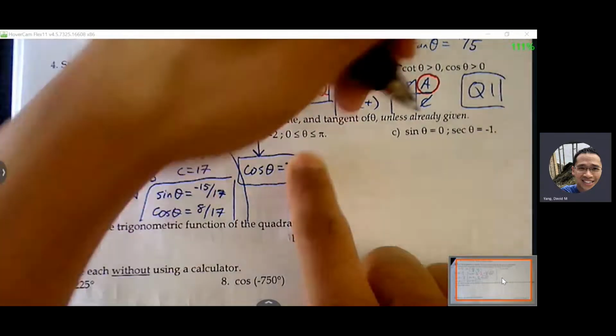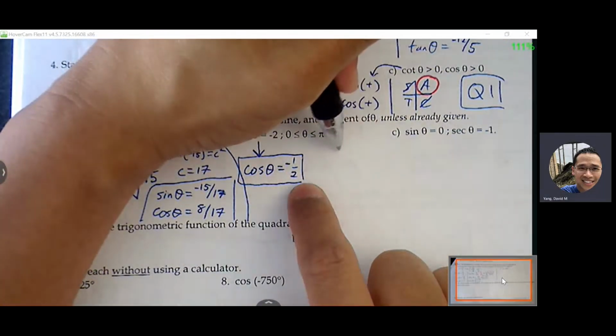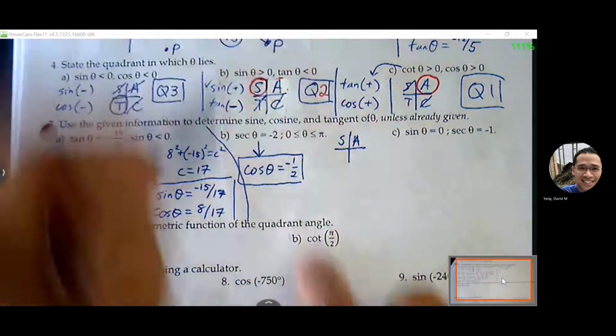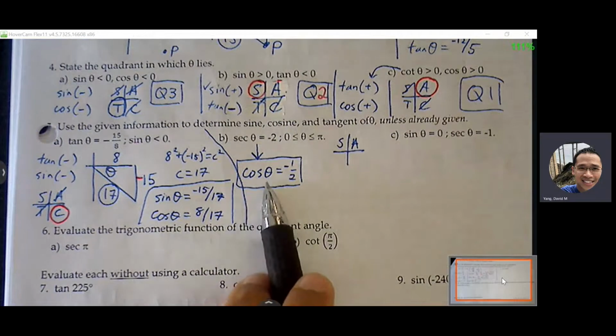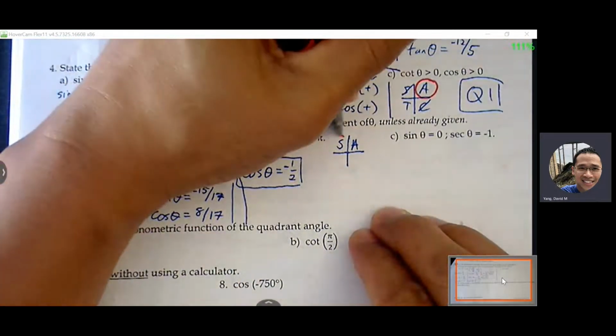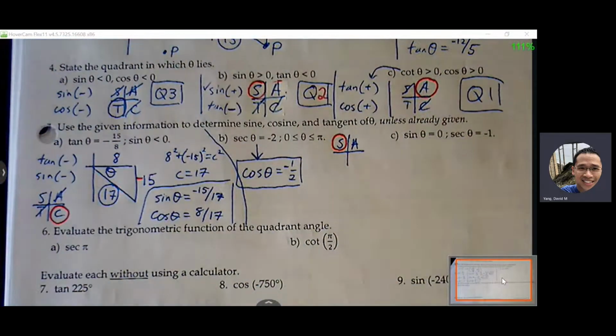It says to look just between the first and second quadrant there, between 0 and pi. So which quadrant are we going to look at? Cosine is negative, right? So we know we're in the second quadrant. We find that ordered pair.